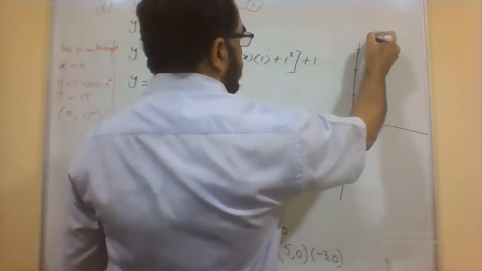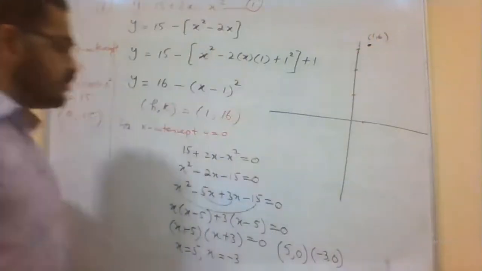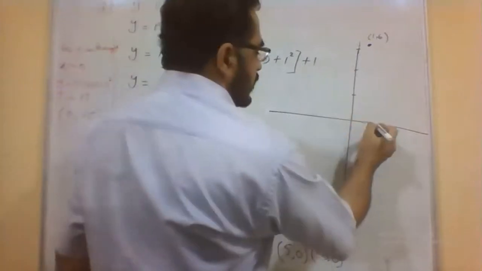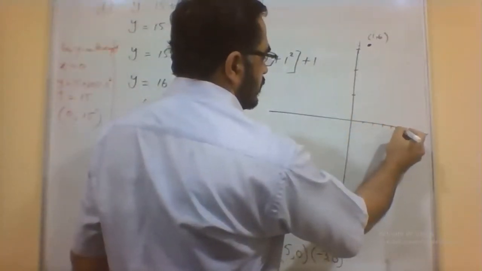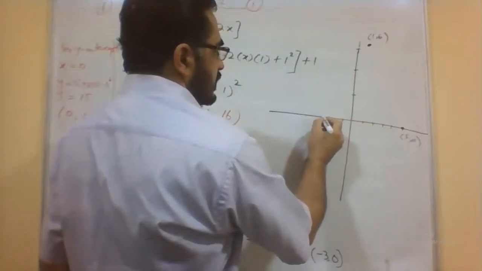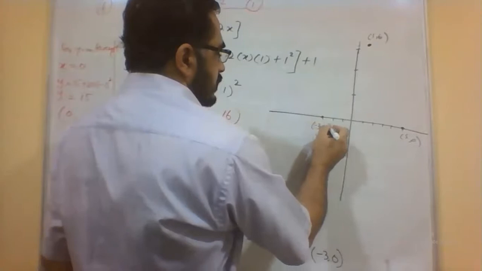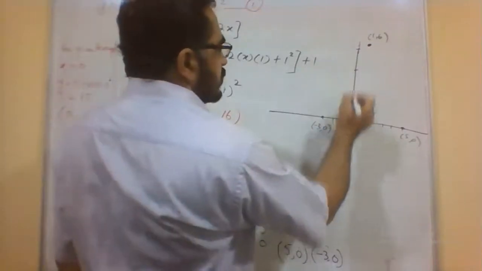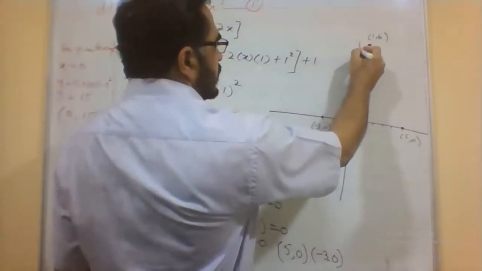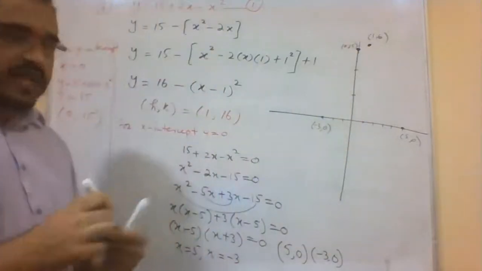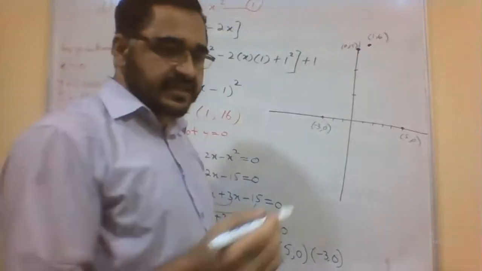Now on x-axis, 2 points are 5, 0 and minus 3, 0: 1, 2, 3, 4, 5, 0, and minus 1, minus 2, minus 3, 0. These 2 points are on the x-axis. On y-axis, x 0, y 15 is here. This point is 0, 15.